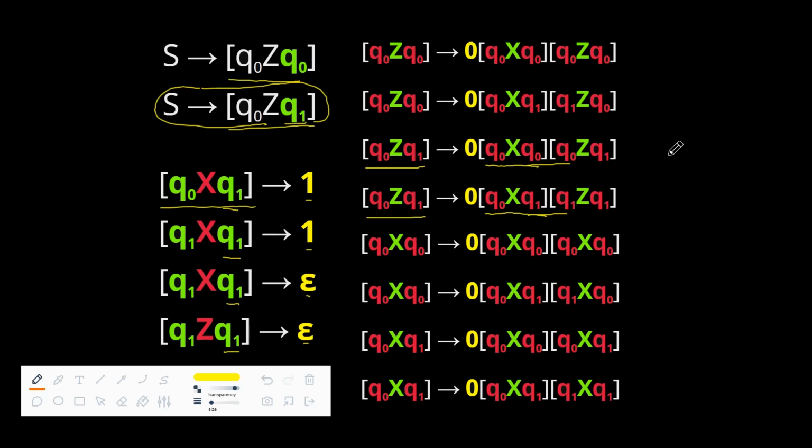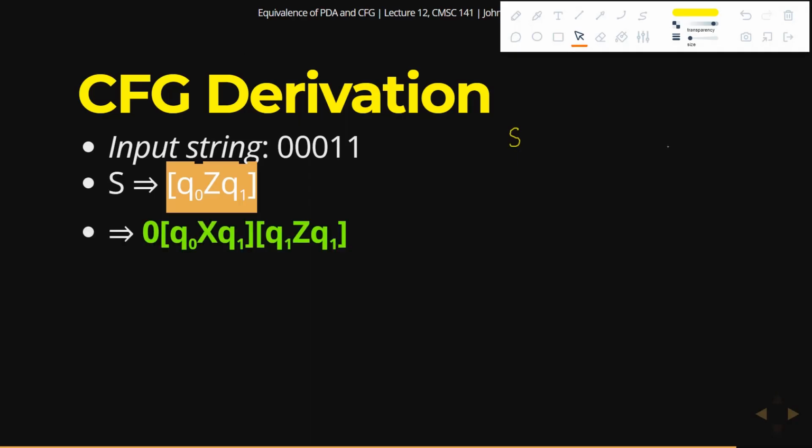Because Q0 X Q0 will just form more variables here. And since we want more terminals, then we will choose this one, the fourth production. So we'll replace Q0 Z Q1 with 0 Q0 X Q1 Q1 Z Q1. So that one is here. So we have the intermediate Q1 and then X and Z.